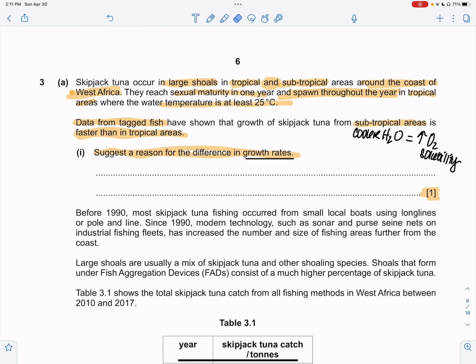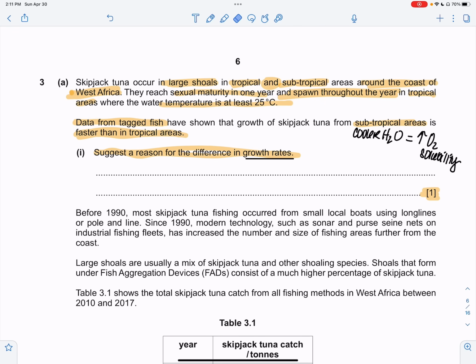If there's more food available, more of a food source available in subtropical areas, then we could also talk about there being less competition for food and there will be more growth. So we don't just want to state that this thing happens. We need to then say this thing happens and this is how it's going to allow for more growth rates.